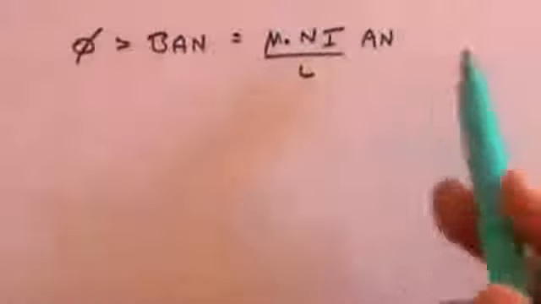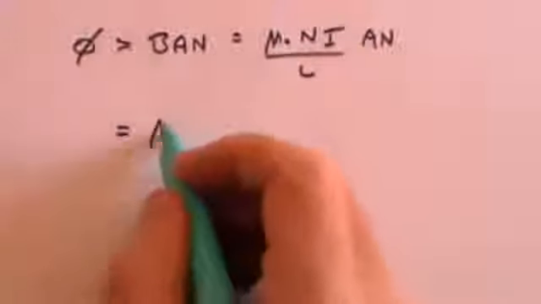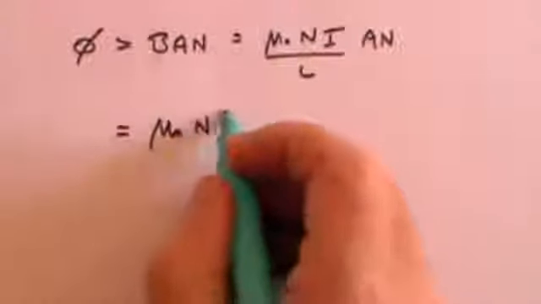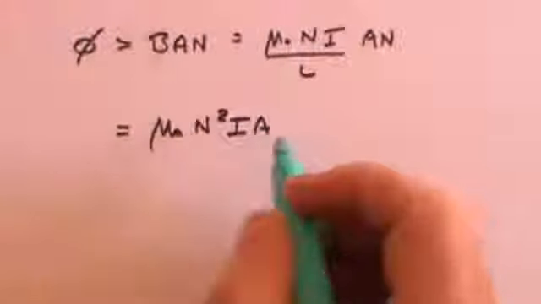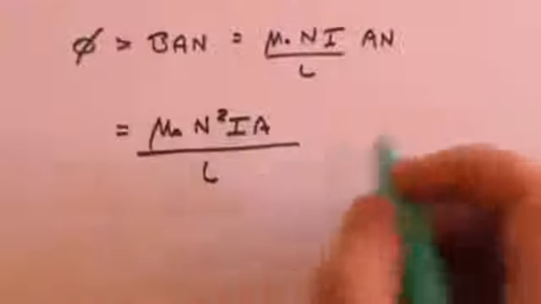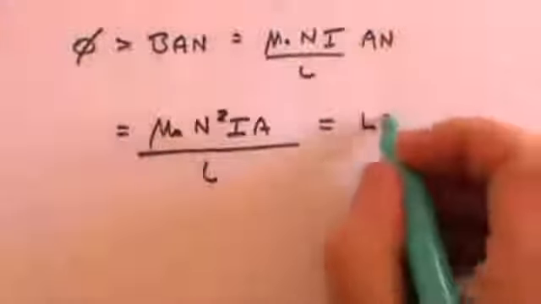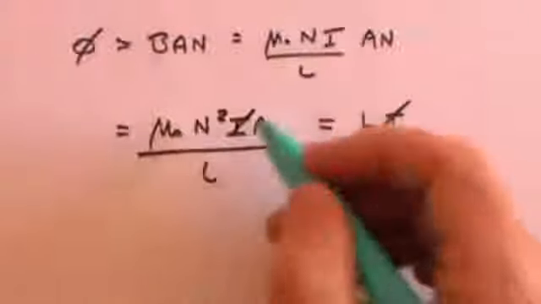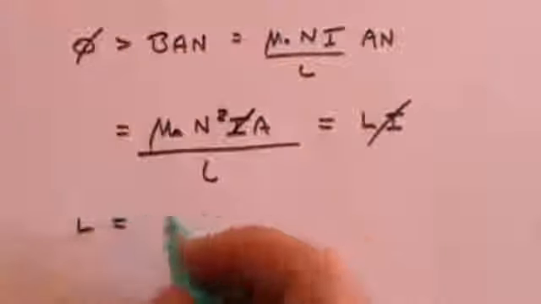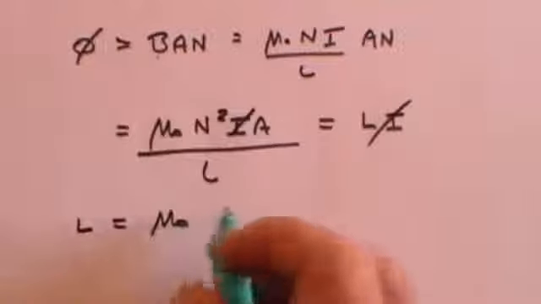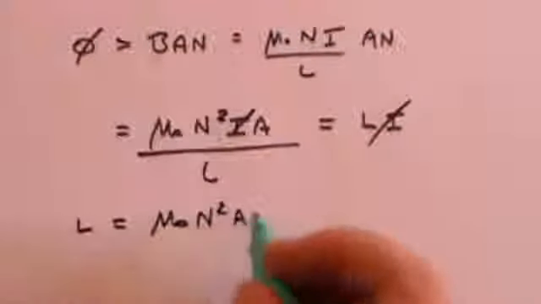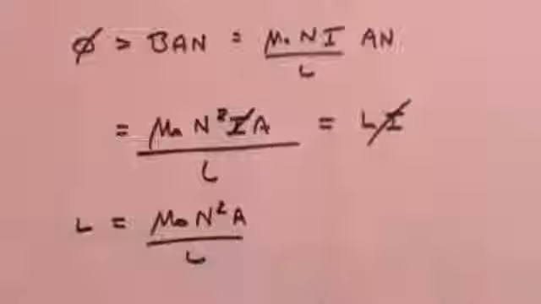Since you've got an N times N term, that becomes mu naught N squared I A divided by L. But we also know that phi is equal to L i. The i's cancel, and now you've got that the inductance is equal to mu naught N squared A over L.